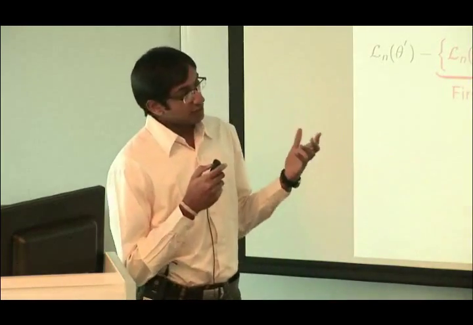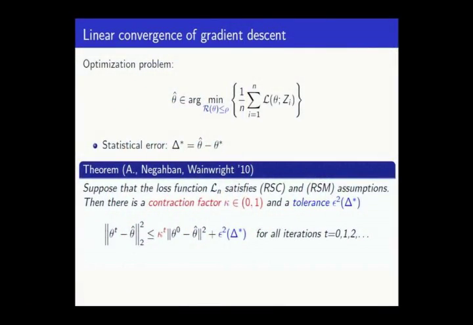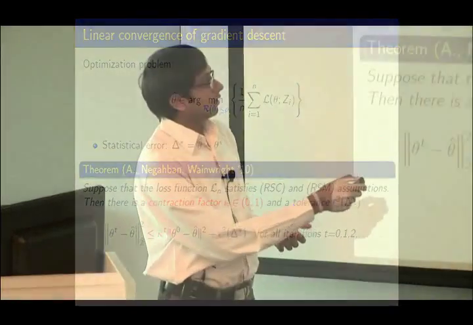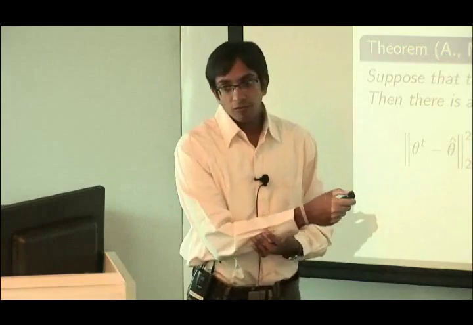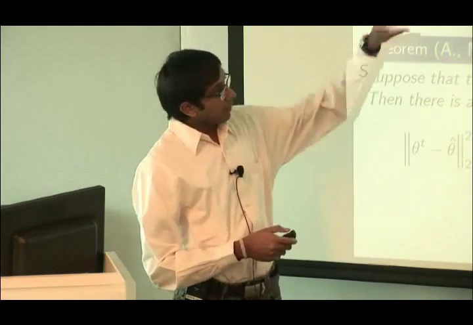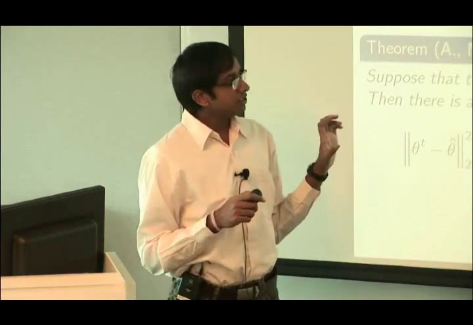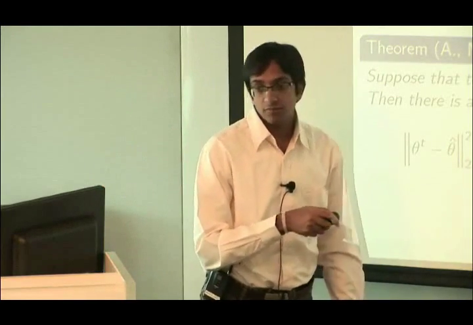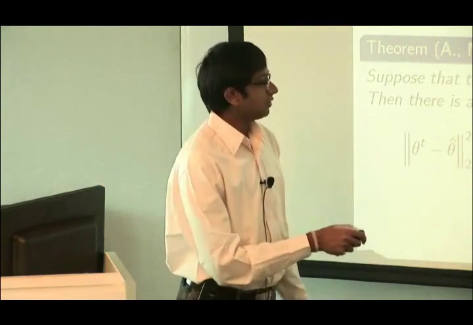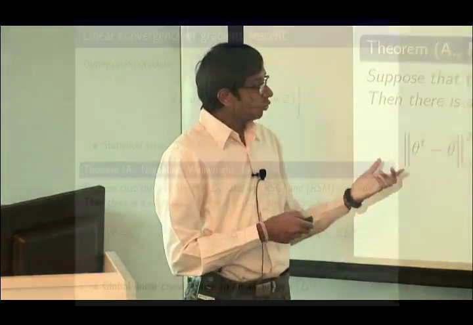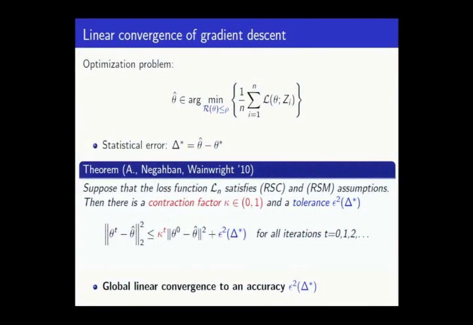So the upshot of these assumptions is that despite being weaker, they allow us to get good convergence results. Recalling the optimization problem we have, now we are back to the case of a general loss function. If the loss function satisfies the RSC and RSM assumptions, then there is a contraction factor kappa such that we do converge linearly at a rate kappa, just like we were seeing.